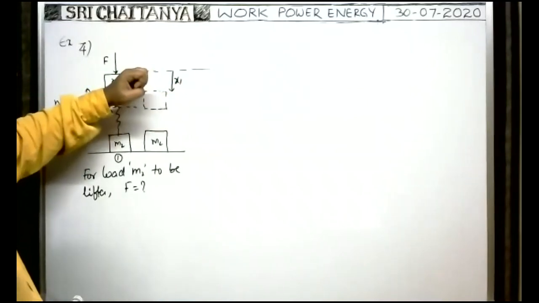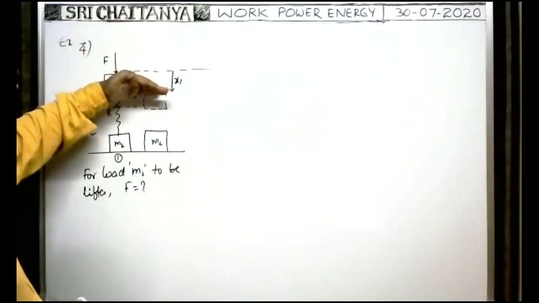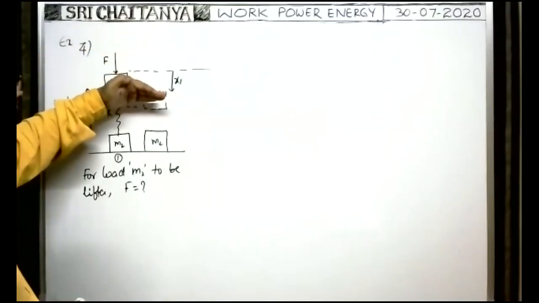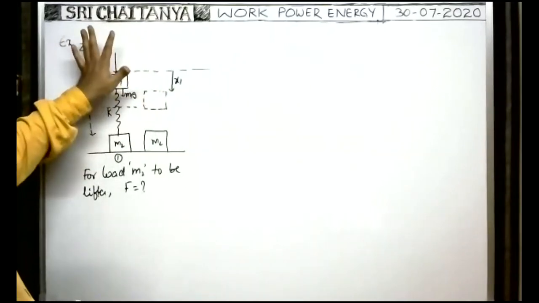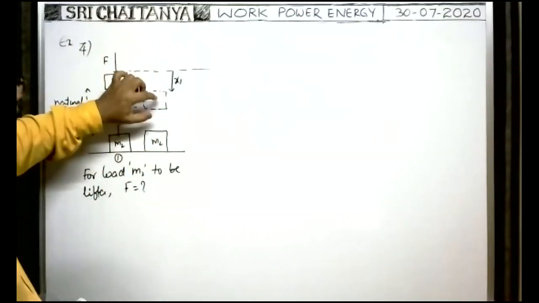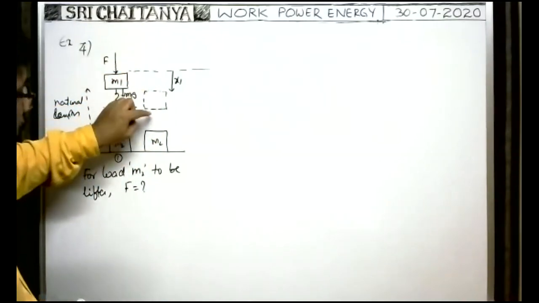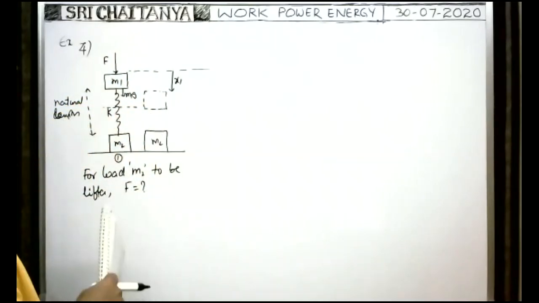At that time, what is the minimum force to be applied on the block M1 so that when you remove the applied force, immediately this block rises, and the spring force developed in the spring must lift the block M2? That is the case.